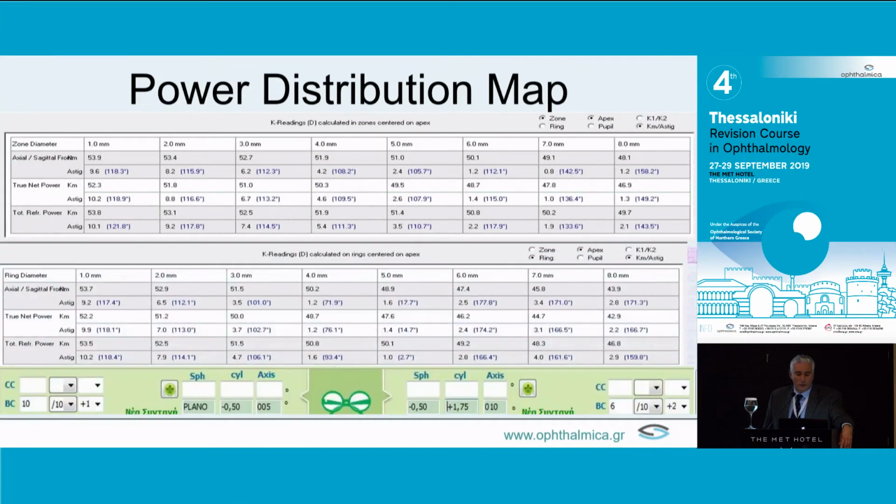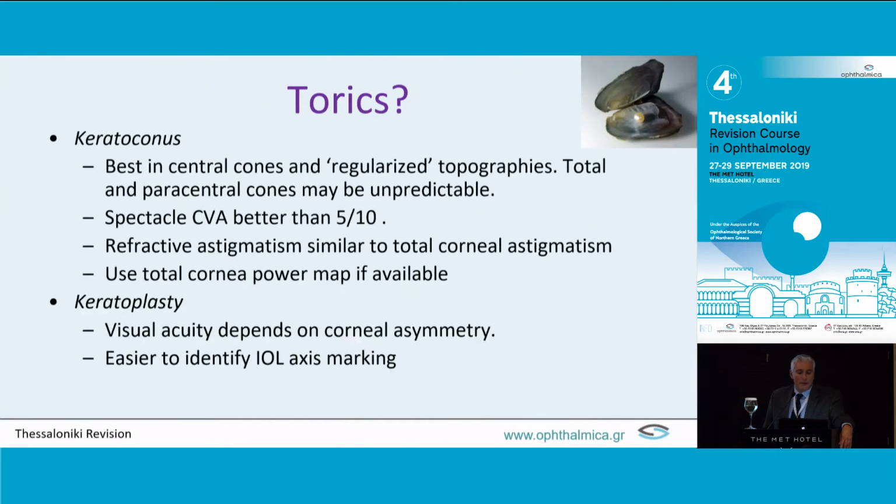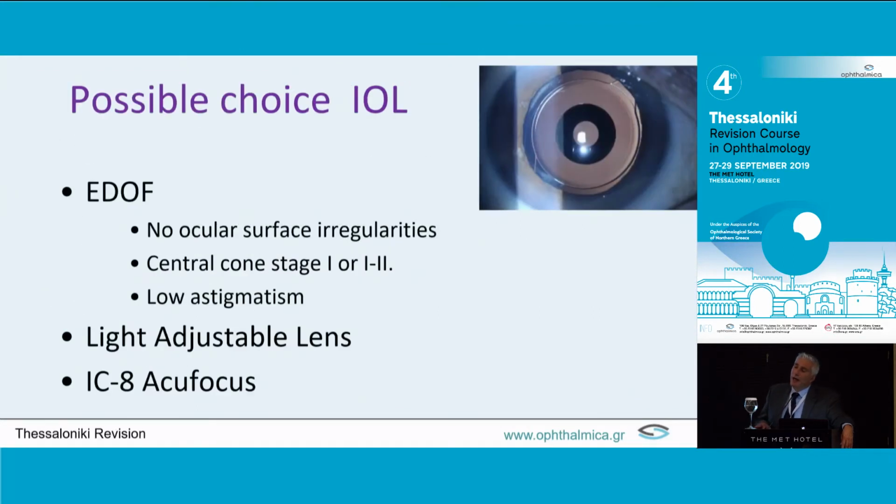I want to tell you one thing about other possible IOL choices. As I said, trifocal is out of the game. We will never use trifocals. It's a very complicated optical system to put in front of another complicated optical system. But for an early keratoconic stage of a central keratoconus, you may consider an EDOF lens.